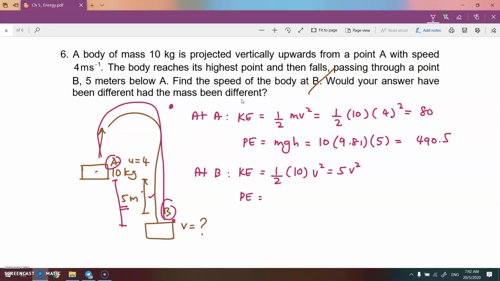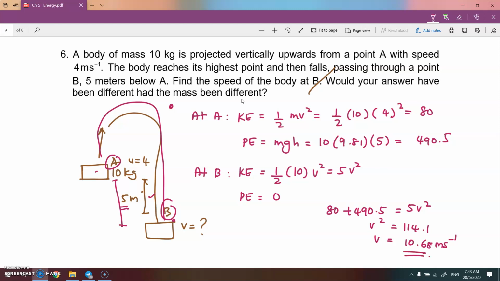Potential energy, because the position is at the bottom, is 0. So total energy at A is equal to the energy at B. So 5V squared, so V squared is 114.1. So V is 10.68 meter per second.